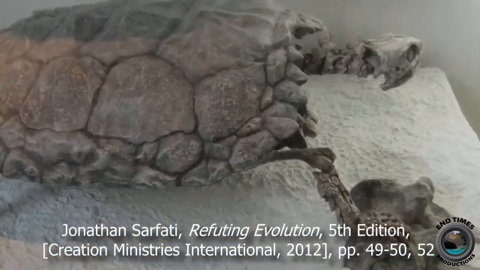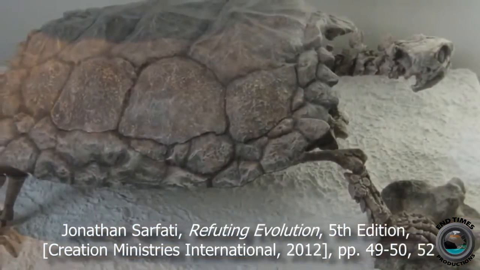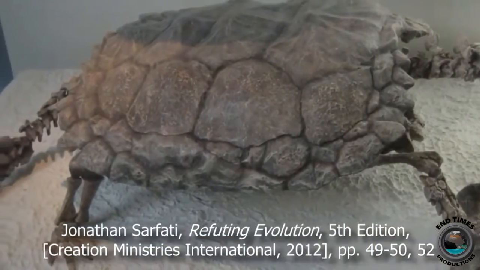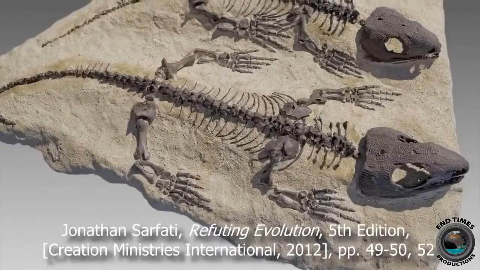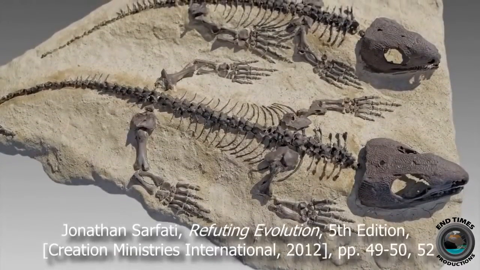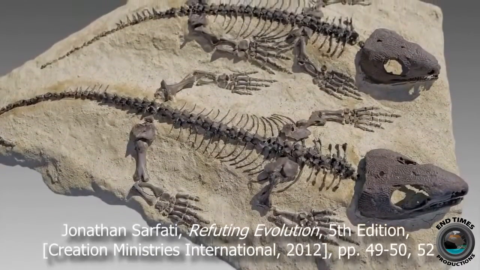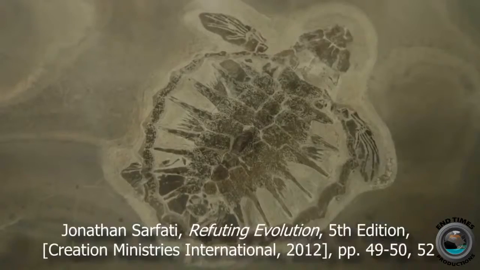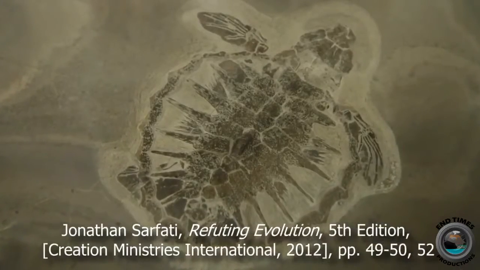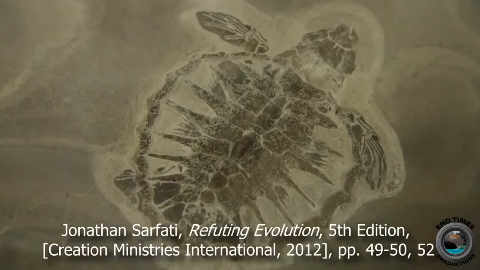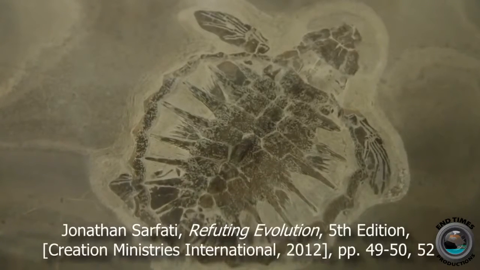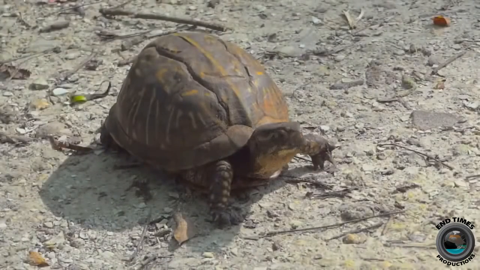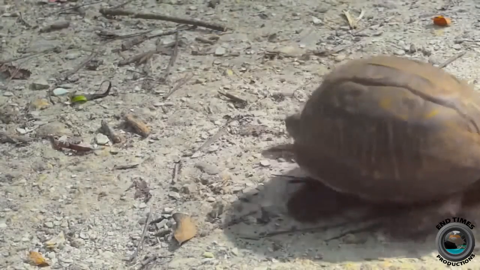Moreover, the oldest known turtle in the fossil record is fully formed. We have no intermediates between turtles and cotylosaurs, which are the organisms evolutionists claim turtles supposedly came from. And the so-called imperfection of the fossil record excuse will not work, since organisms like turtles leave excellent fossils but still show no intermediates. This is because macroevolution is a delusion.